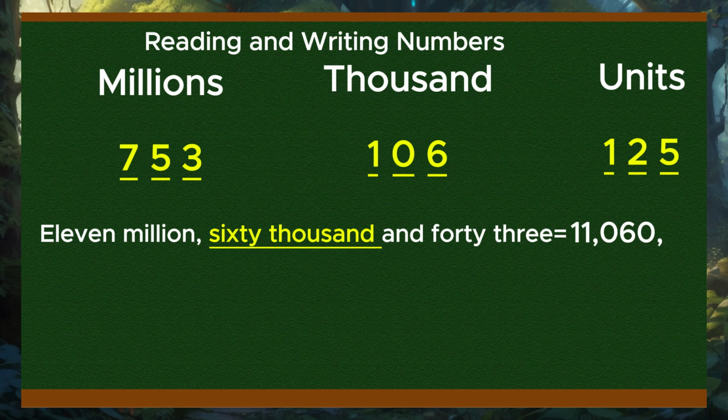It is 0. We will write 0 and then 60. This is 60,000. When you don't hear a place value digit included, you have to place a 0 in the place of 100. Then we have 43. Again, there is no mention of 100, so we will write a 0 and then 43.